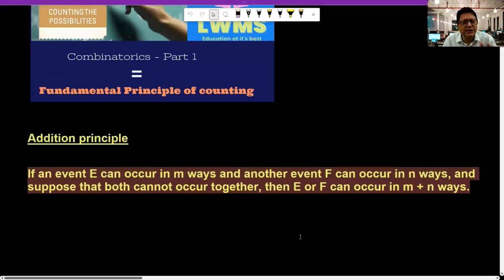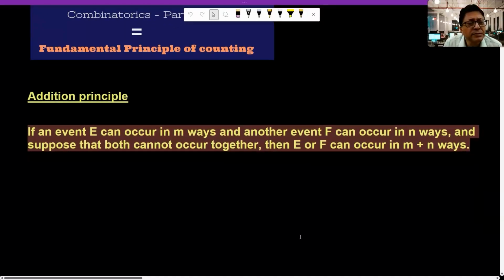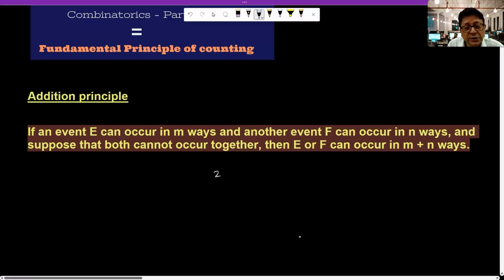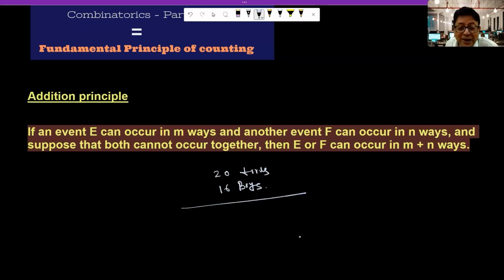For example, I am taking the simplest example to understand this addition principle. Suppose in your school, in a class, there are 20 girls and 16 boys. Your class teacher wants to select one of you as the class monitor.